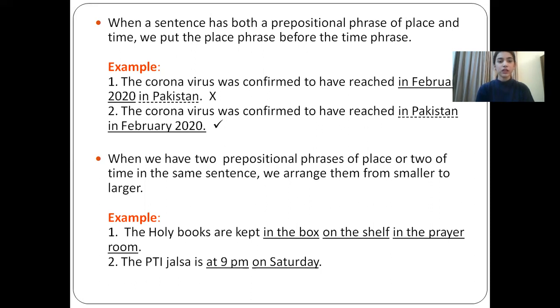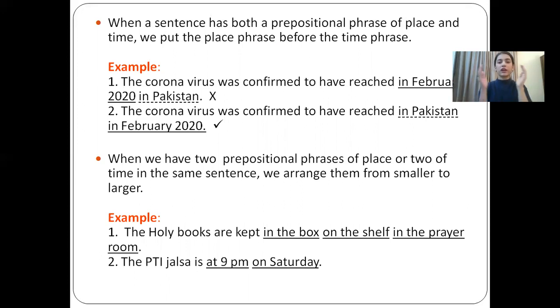All right. Now, when we have two prepositional phrases of place or two prepositional phrases of time in the same sentence, we arrange them from smaller to larger. For example, the holy books are kept in the box, on the shelf, in the prayer room.